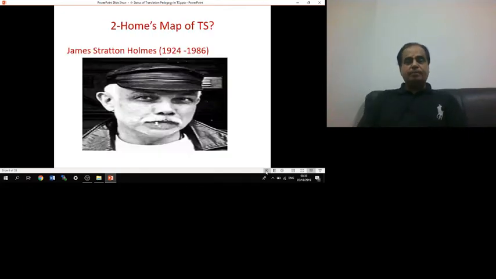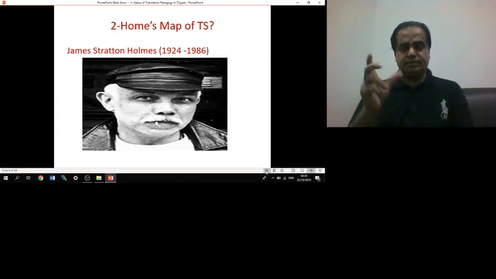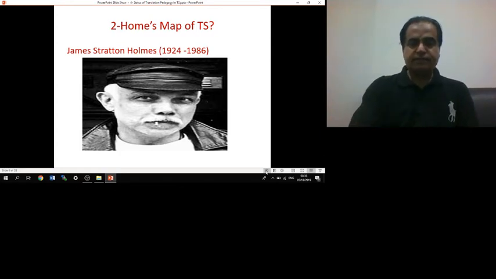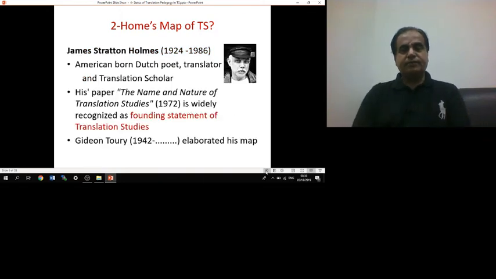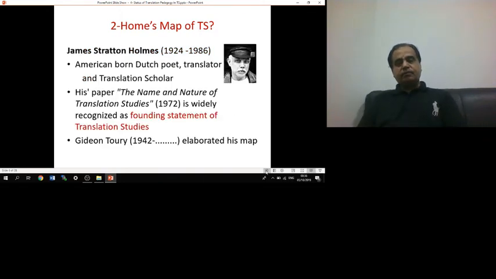We are going to use Holmes' map, and you can see his picture here and a brief introduction, the era of his time. He was an American-born Dutch poet, translator and translation scholar.